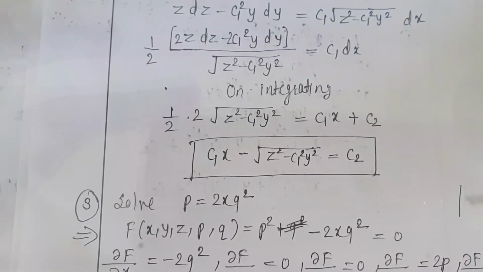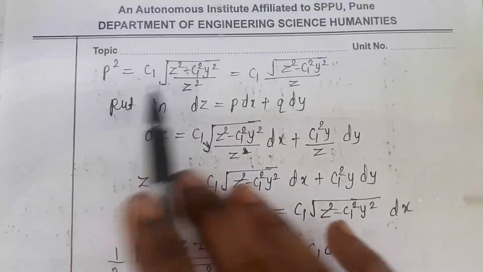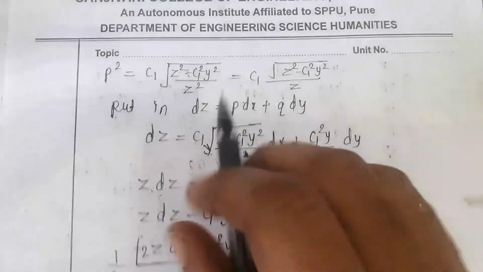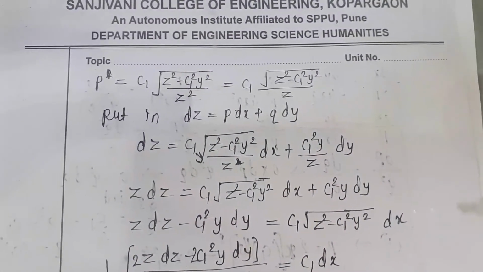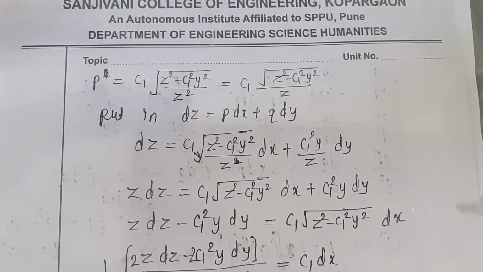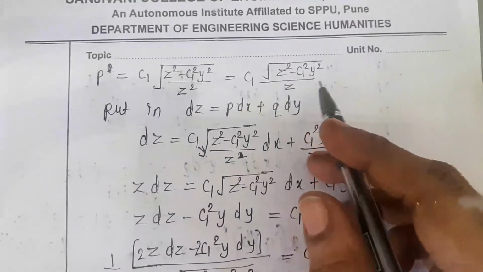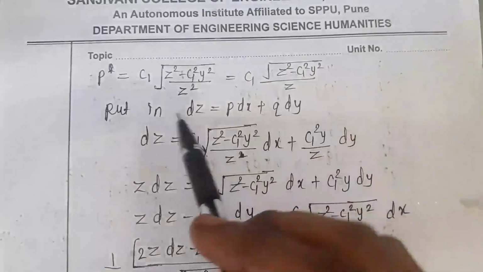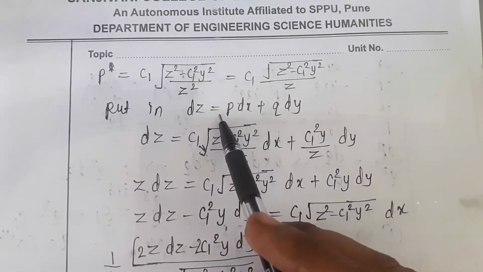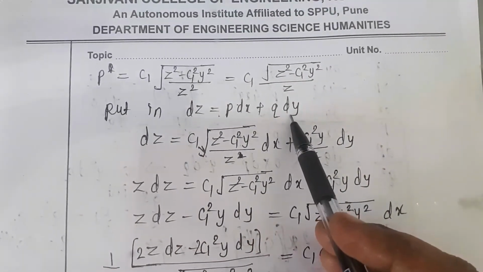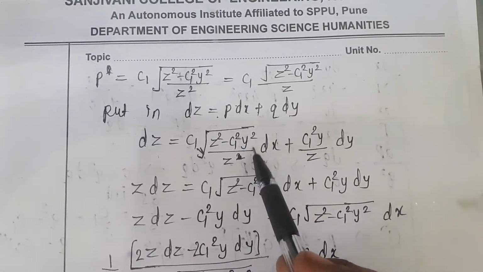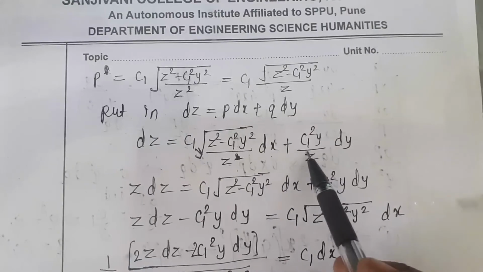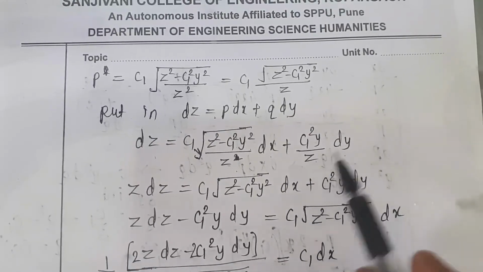So finally we obtain the p value: p = c1 multiplied by the square root of (z² − c1²y²) divided by z. Putting this value of p and q in dz = p dx + q dy, dz = c1 √(z² − c1²y²)/z dx + c1²y/z dy.